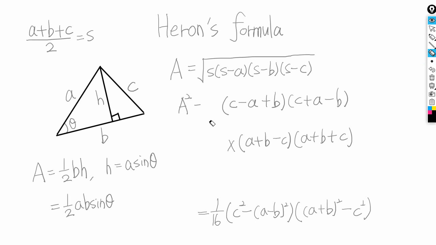And now we can distribute this denominator to each parenthesis. So each parenthesis has the denominator of 2 because 2 to the fourth power is equal to 16.